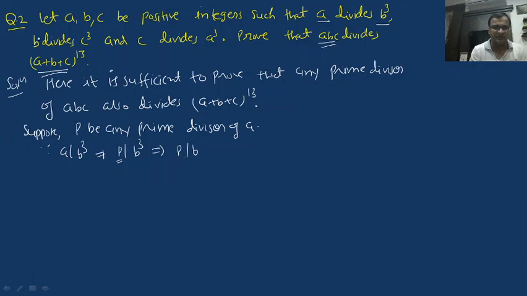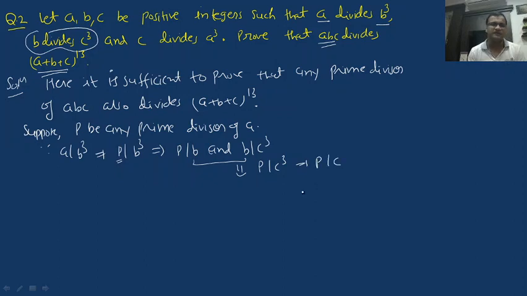And we are also given that B divides C^2. Therefore, if P divides B and B divides C^2, then P divides C^2, and hence P divides C. Therefore, from these three steps, we can say that any prime divisor of A also divides B and C. This is the sign of intersection.